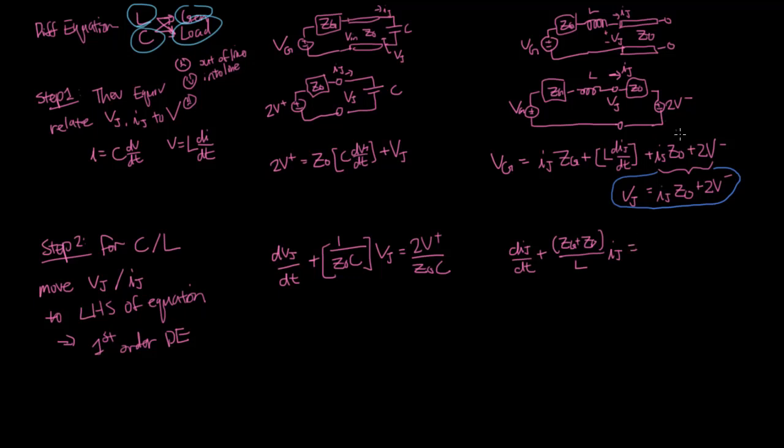And on the other side, we have all the voltages. So we have Vg minus 2V minus all over L. So this is the differential equation that we're going to solve for the capacitor case. This is the differential equation that we're going to solve for the inductor case.